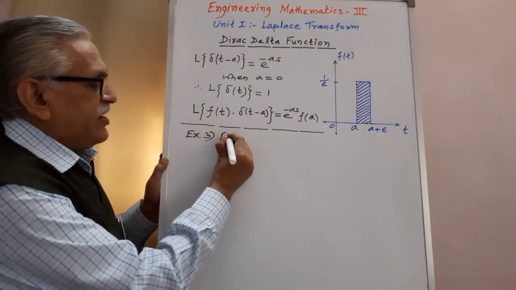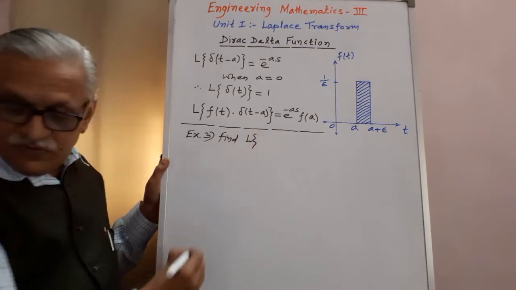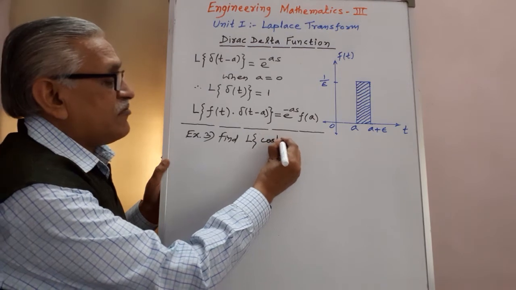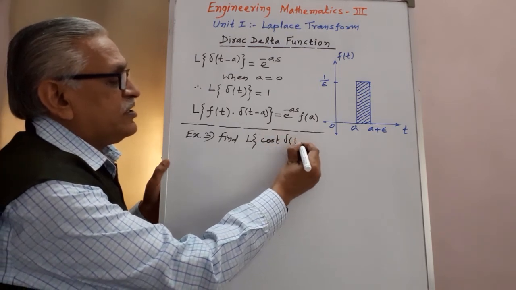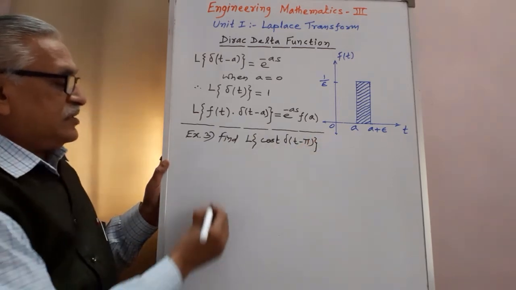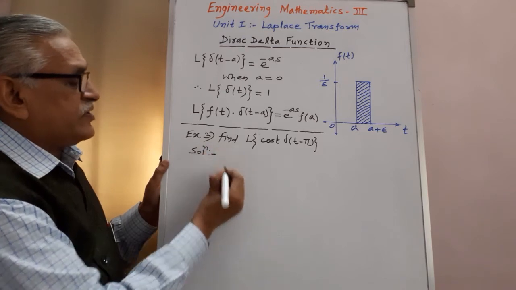Example 3, find the Laplace transform of cos t into delta of t minus pi. Solution for this problem.